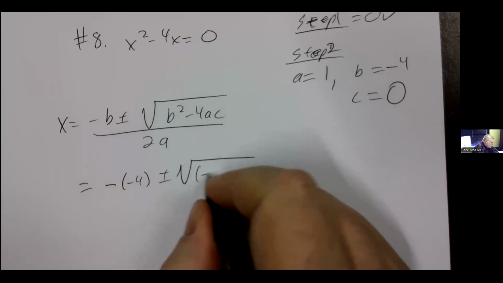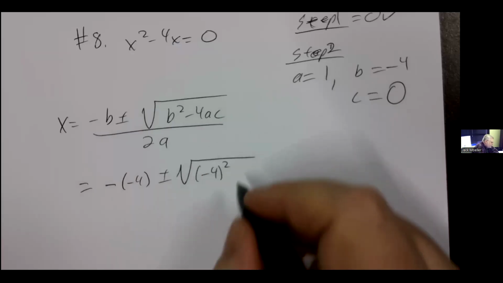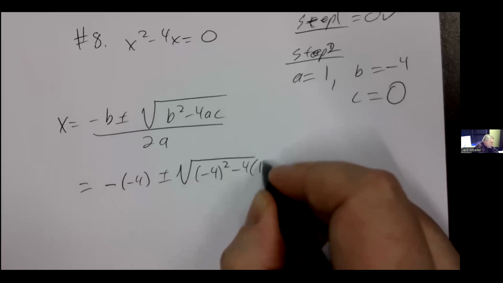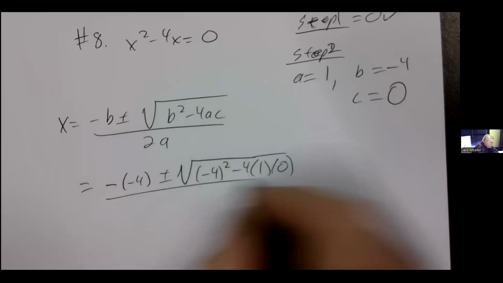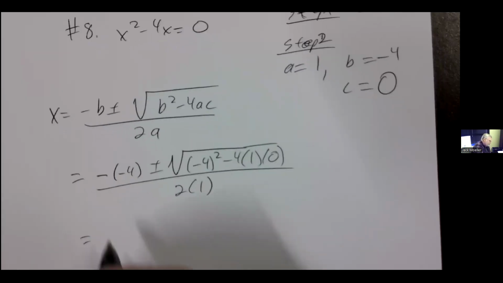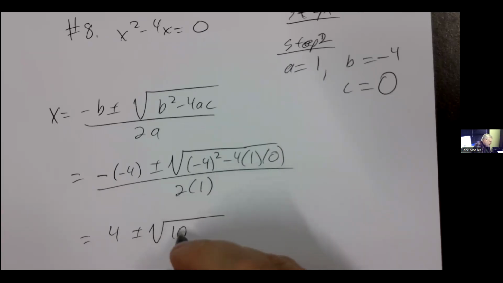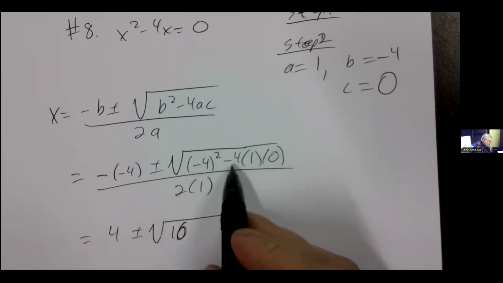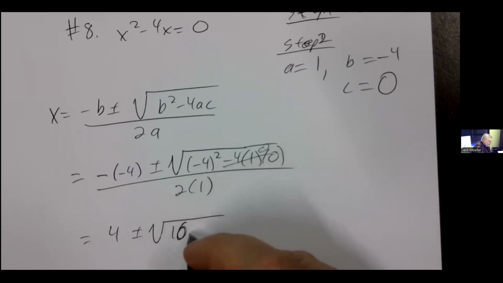And then B squared is parentheses, negative 4 squared, minus 4 times 1 times 0, over 2 times 1. Now we simplify that. We get 4 plus or minus 16 minus 0, which goes to 0.